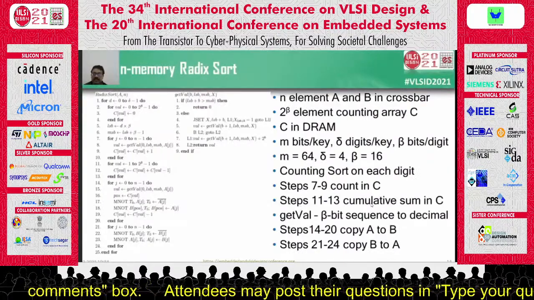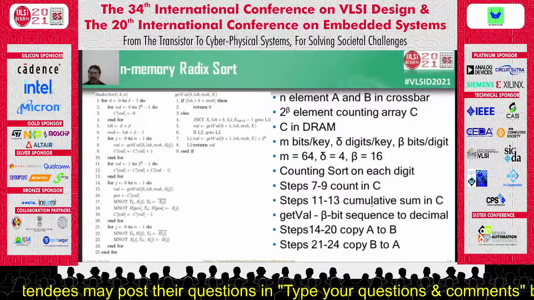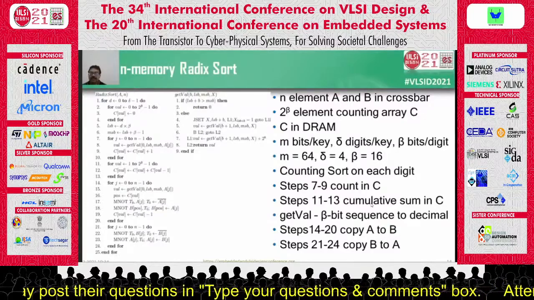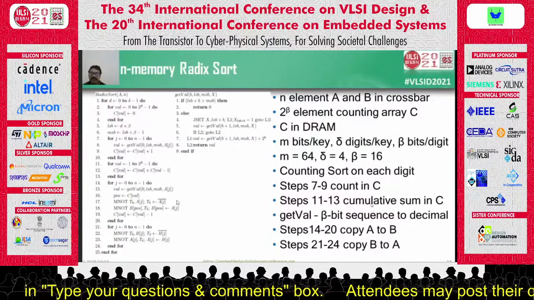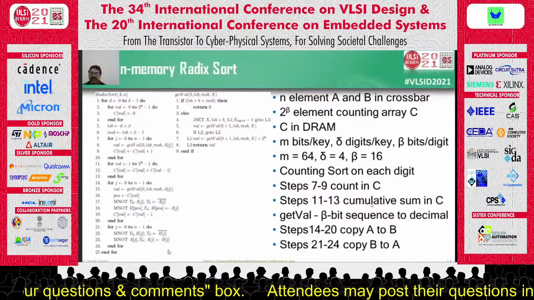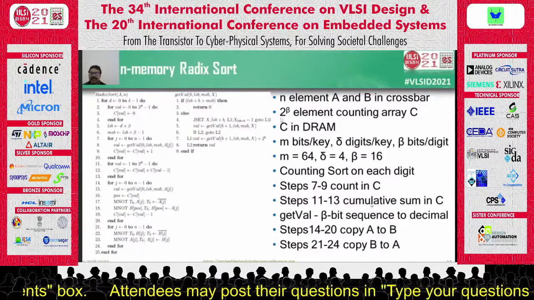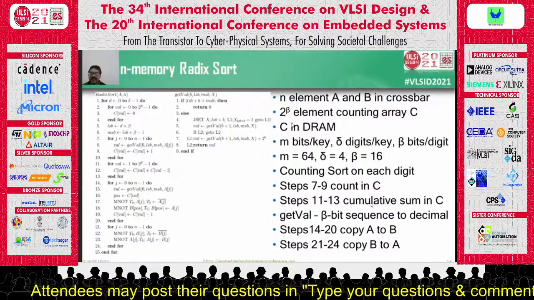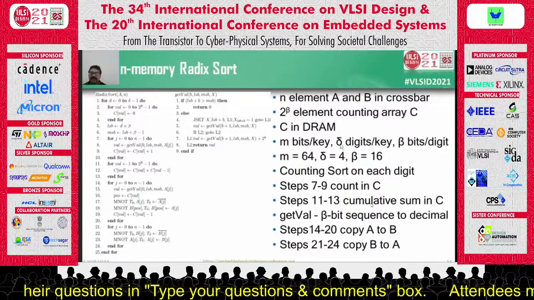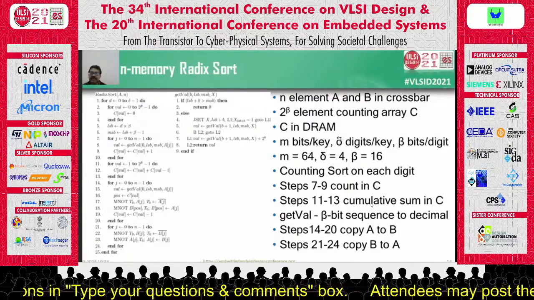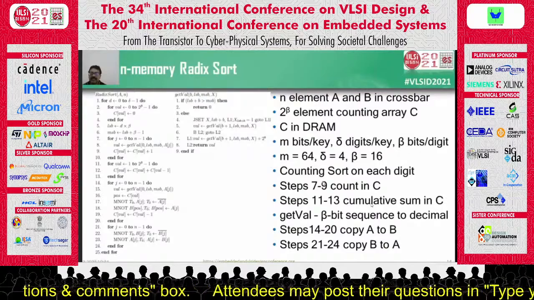The in-memory radix sort is implemented for performing the radix sort within the memory. Each pass of this algorithm comprises a counting sort on each digit. Each element in the input array is considered as m bits, and each m-bit is partitioned into delta digits, and each digit comprises beta bits.